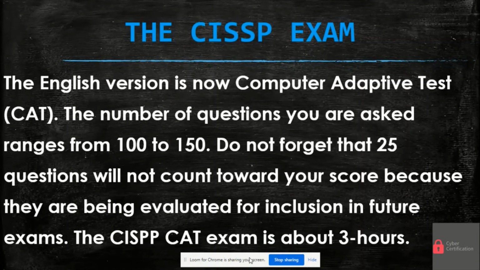The CISSP CAT exam is about 3 hours. You can finish your exam before the expiration of 3 hours, but the exam time is a maximum of 3 hours.